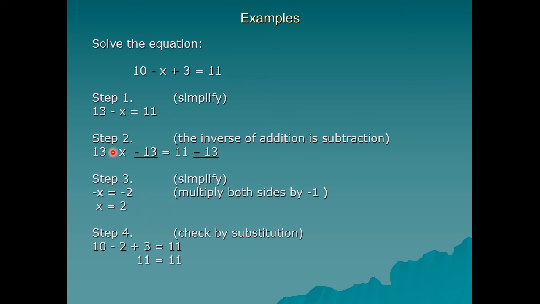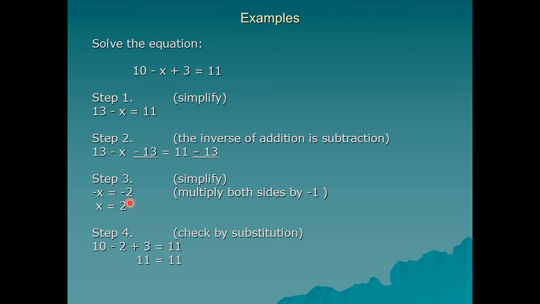Again, my goal is to isolate the x. So I started here, I added 10 and 3, those are my like terms. Once I have that, I have to get rid of this 13, so I subtracted 13 from both sides. Now I have negative x equals negative 2. I still have to get rid of the negative sign. To do that, most of the time we multiply both sides by negative 1.